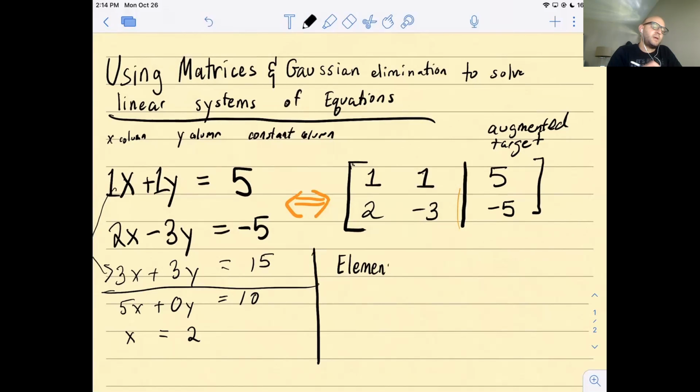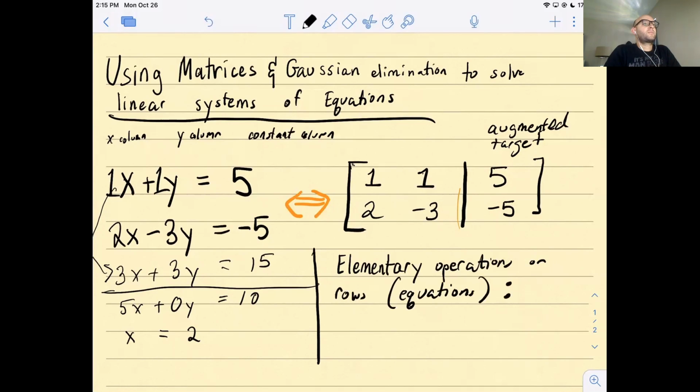Elementary operations on rows, or rather, in the original setup, on equations. What can you do on actual equations?